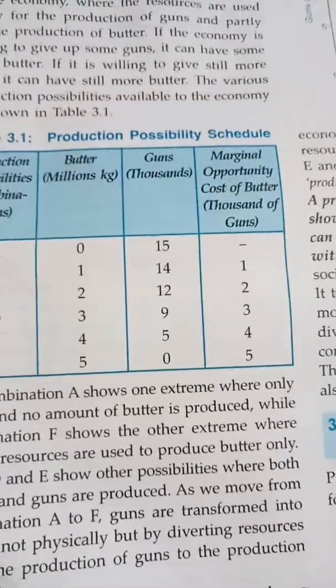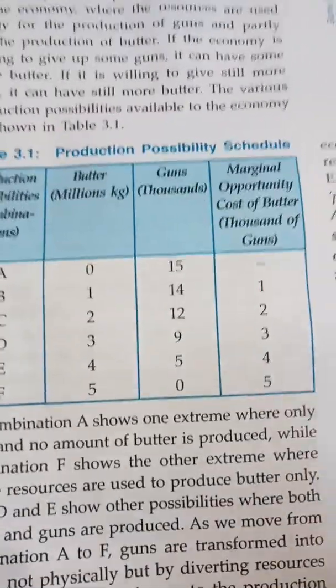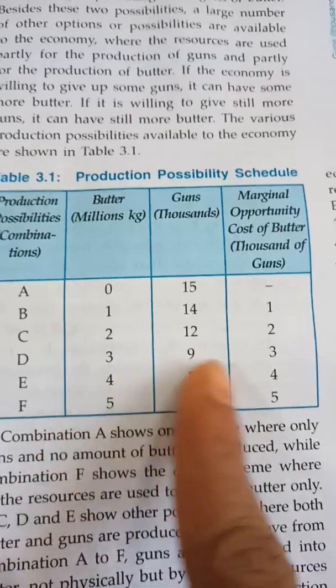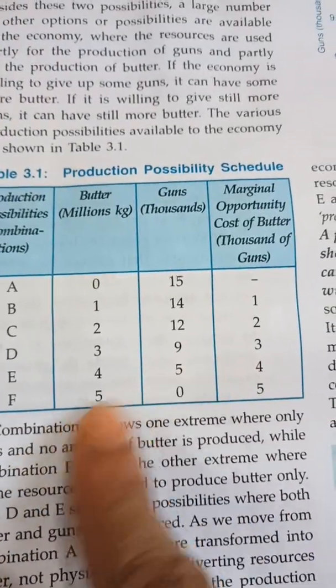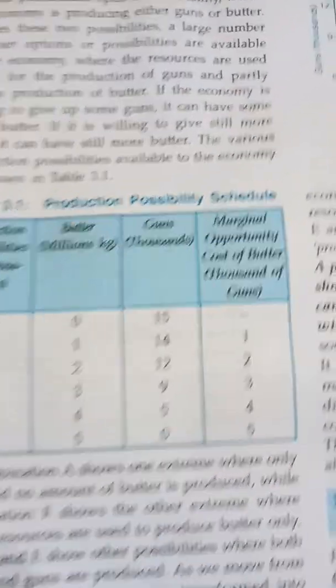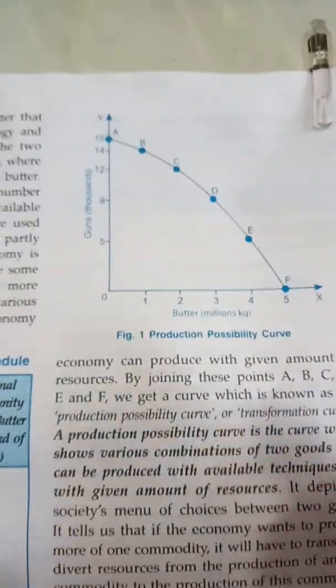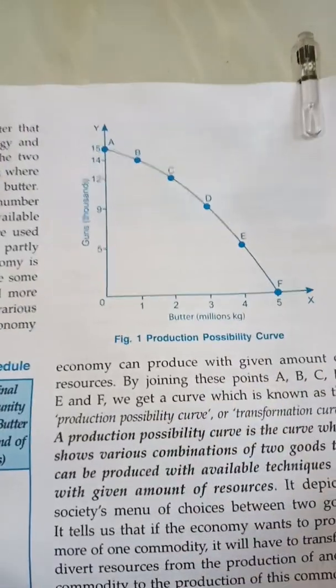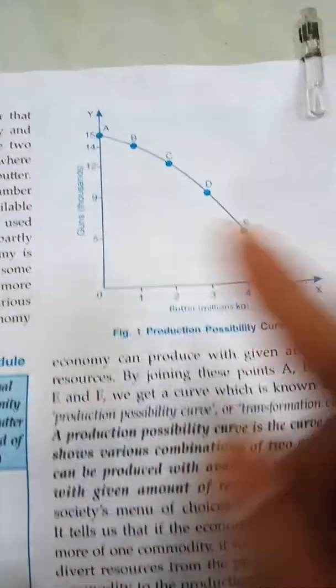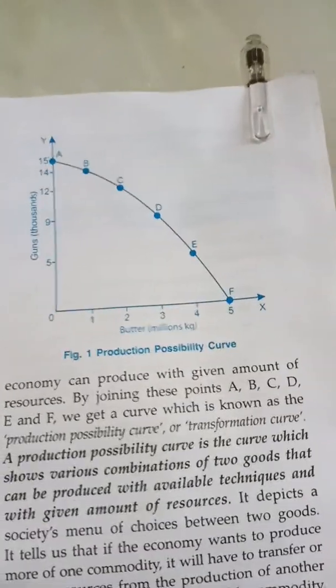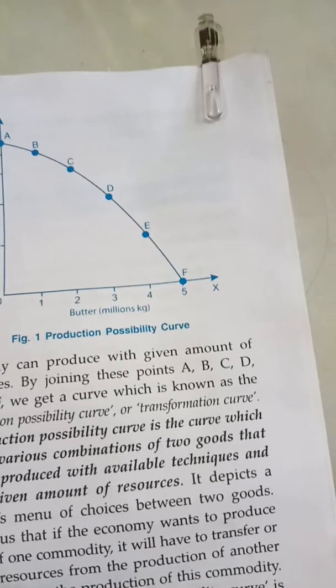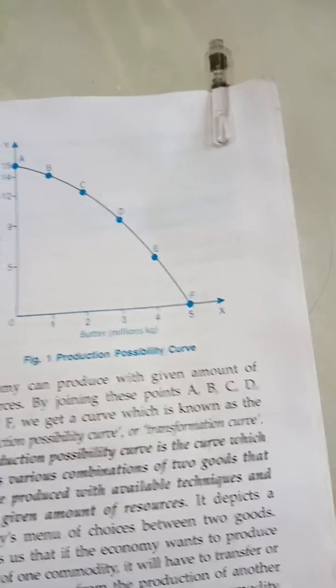Now from this tabular analysis, if we plot these two, butter and guns, in a graph, see the graph: 1 0, 15 0, 15 1, 14 2, 12 3, 9 4, 5 and 5 0.